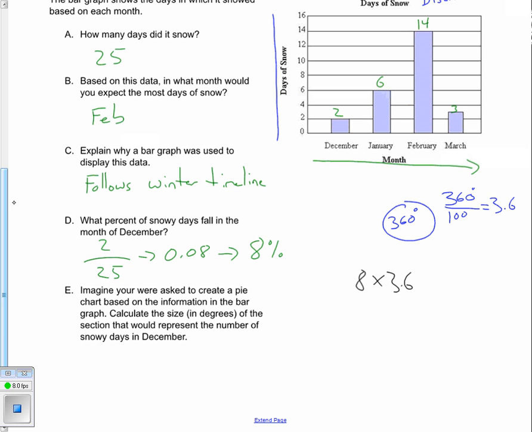So 8 times 3.6 gives me 28.8 degrees. If I was to graph this as a pie chart, the 8% of snow that happens in December would be represented by 28.8 degrees on a pie chart.